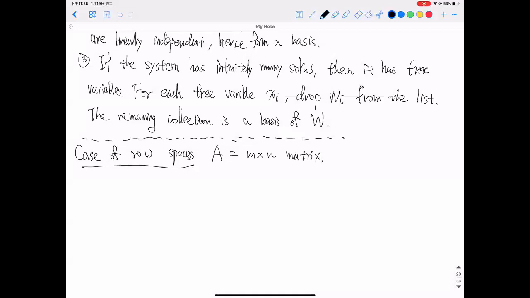And one thing that we've been doing over and over is to use row operations to turn it into reduced echelon form. So suppose B is row equivalent to A. That is, it's obtained from A by row operations. Then the theorem that we discussed before says that A and B have the same row space.